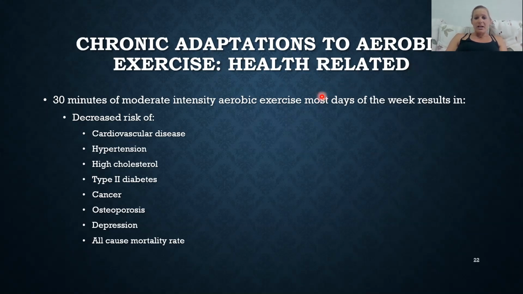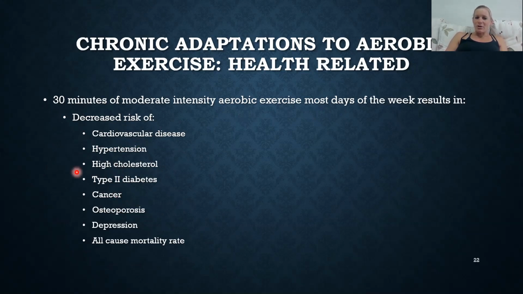Okay, so we're going to see a reduced risk of cardiovascular disease, hypertension, high cholesterol, type 2 diabetes, cancer, osteoporosis, depression, and all-cause mortality if I do 30 minutes of moderate exercise 5 days a week. Yes, I'm trying to sell you on doing aerobic exercise, or exercise in general, but we see the top causes of death right here at the top of the list, and we're able to reduce those risks, right?